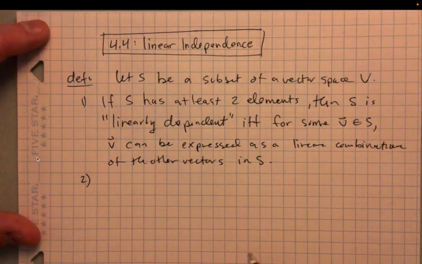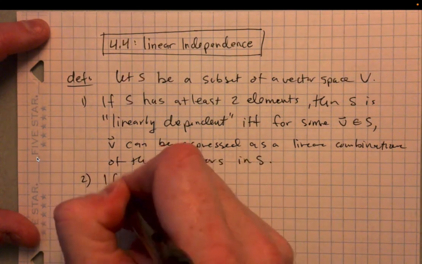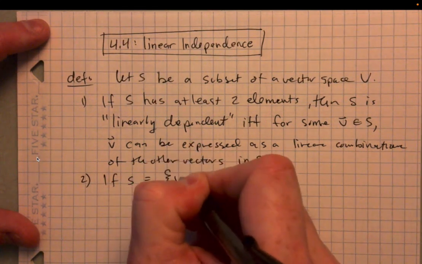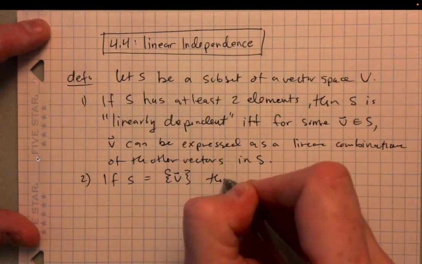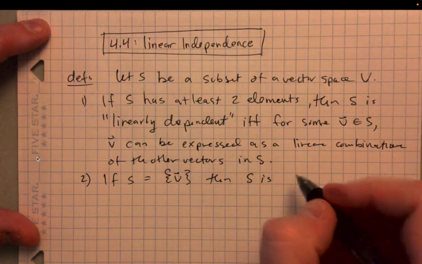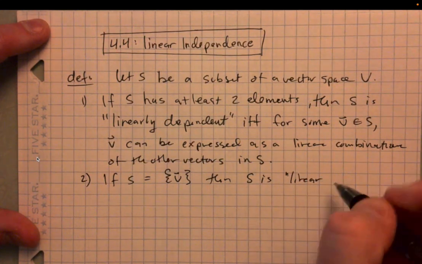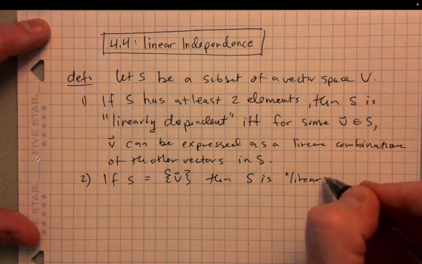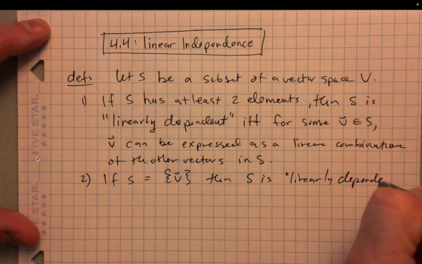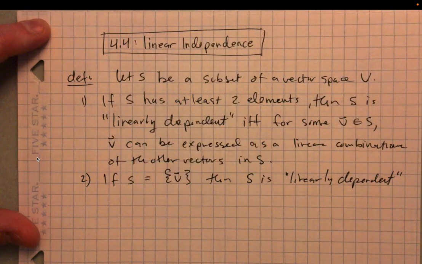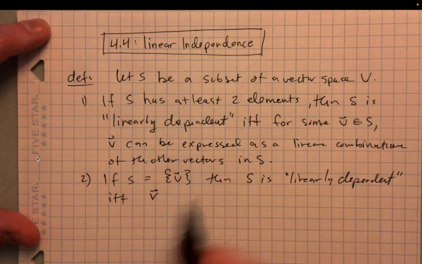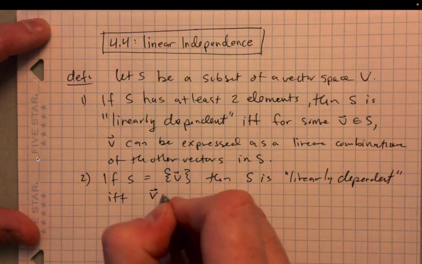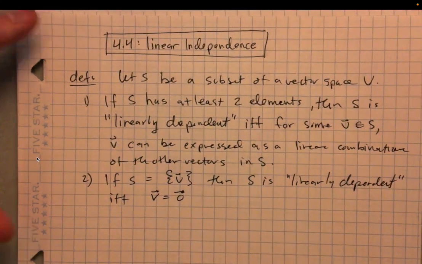Let's talk about some of the other pieces. What if S has just one element? If S equals just a single element, then S is linearly dependent if and only if that one vector in S happens to be the 0 vector.